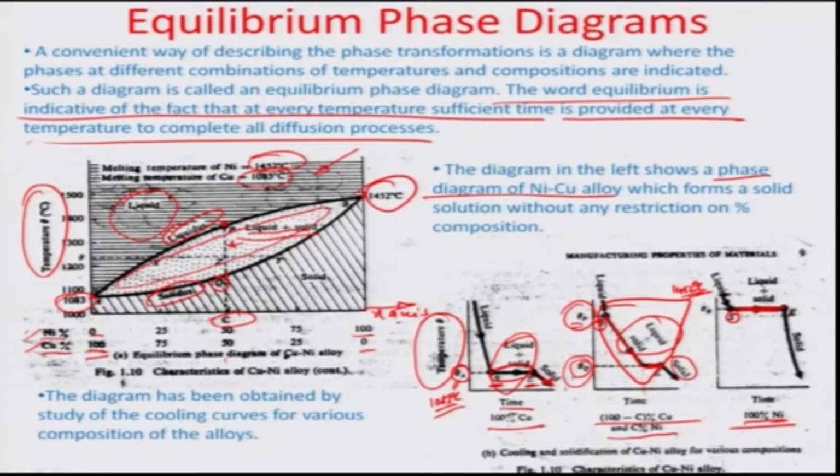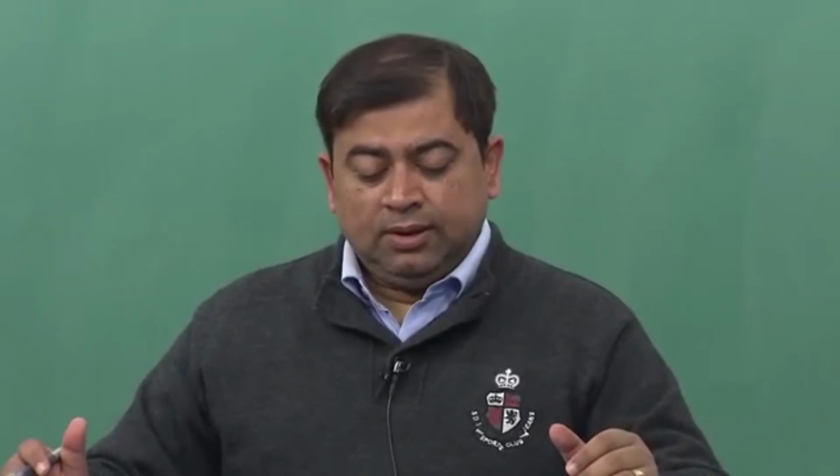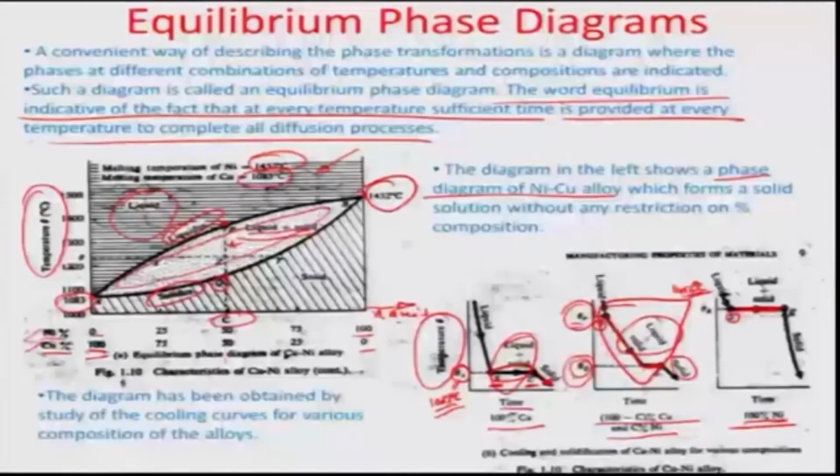So the only difference that the phase is making is that the temperature is changing, because one of the phases is still in the liquid state, and it will behave as a normal liquid behaves on the time temperature transformation curve. So that is how you explain how a percentage of copper or nickel would make differences to the overall time temperature transformation, and this can be further used as information to plot or derive this.